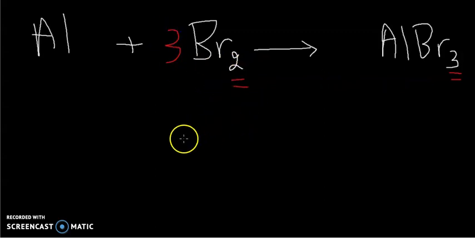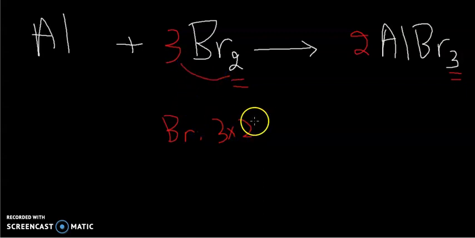So 3 times 2, 6. And here, I'll put a 2. So 2 times 3, 6. They are now balanced, the bromine. Okay, so for bromine, here is 3 times 2, which is 6. And also for bromine here, it's 2 times 3, which is also 6.